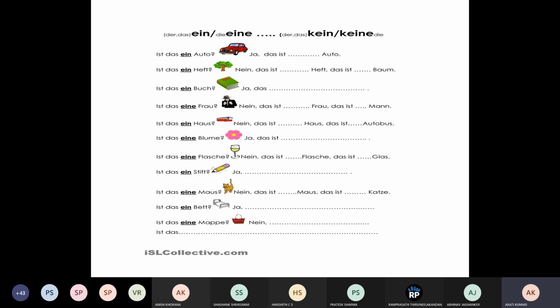Then you have das Land, Karte. Landkarte means map. So there are many words you see out of this suffix Karte.